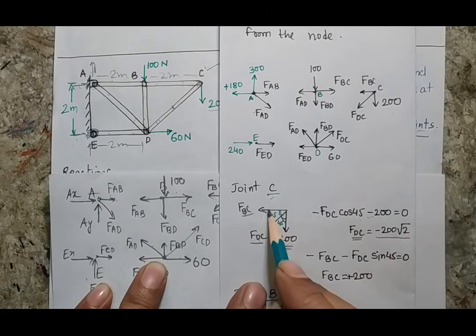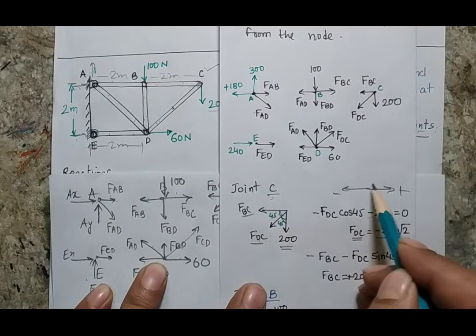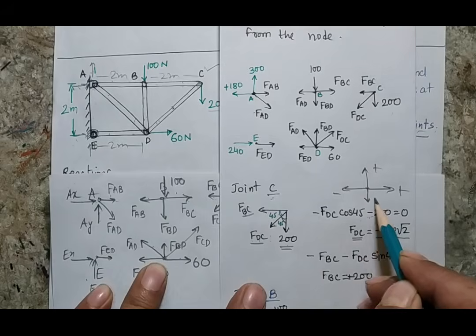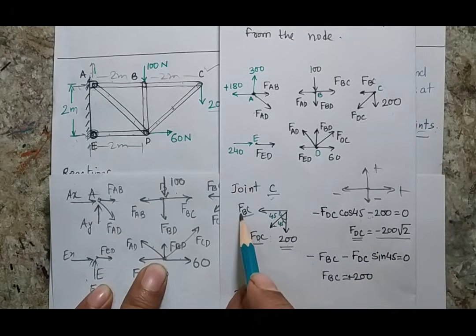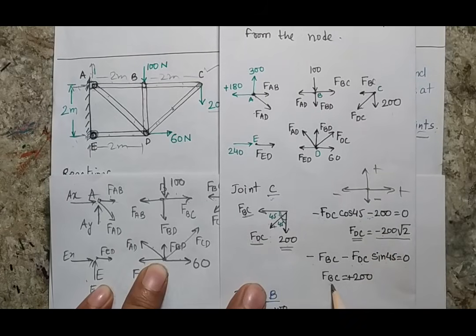When I make the horizontal force balance, I have considered this as positive and this as negative, upward is positive and downward is negative. So here I have minus FBC minus FDC cos 45, or sin 45, it doesn't matter. When I put the FDC value as minus 200 root 2, I finally get a value of plus 200.